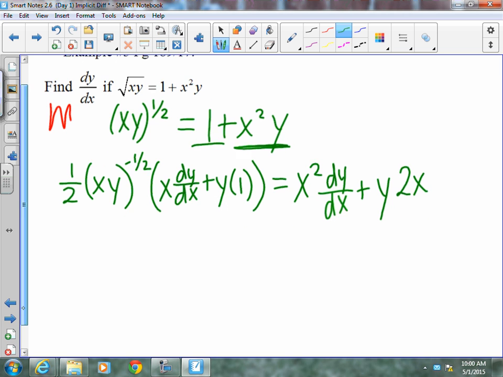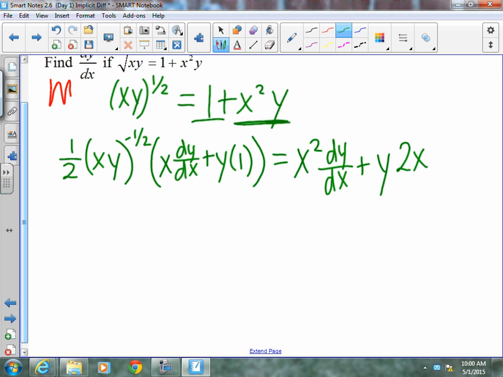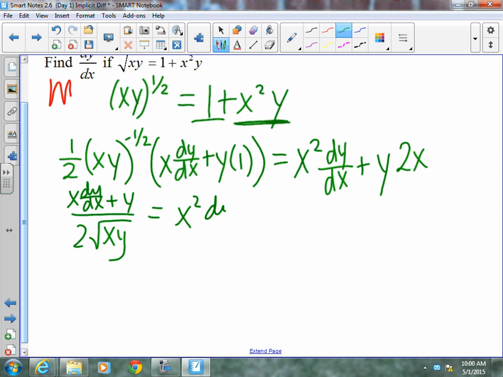Now, this algebra is going to get a little bit tricky. I'm going to write this as 2 radical xy. And this next term can actually go in the numerator: x dy/dx plus y equals x squared dy/dx plus 2xy.